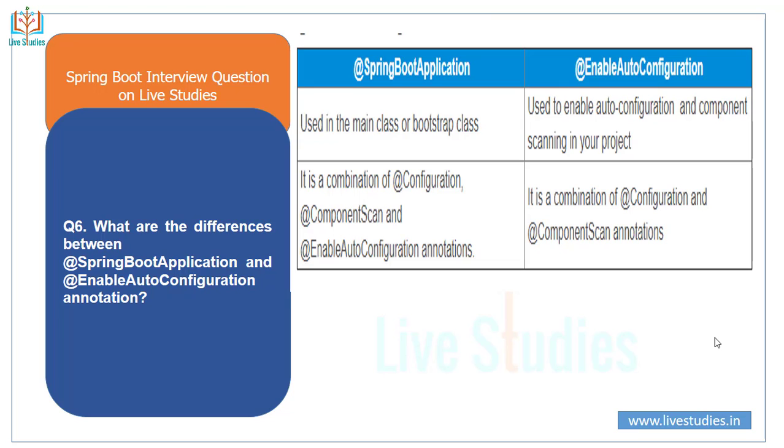The Spring Boot designers realized that these annotations are frequently used together, so they bundled them into @SpringBootApplication. Now, instead of three annotations, we just need to specify one annotation on our main class: @SpringBootApplication.